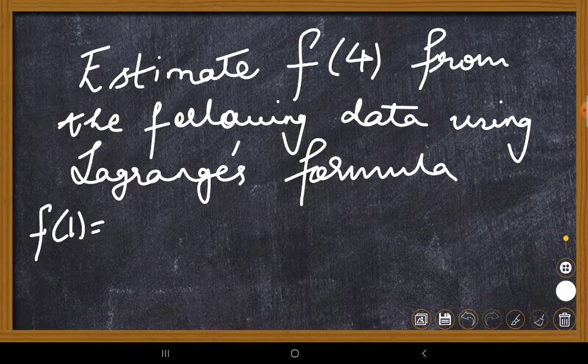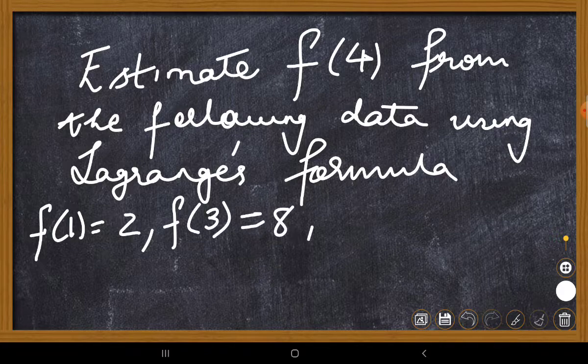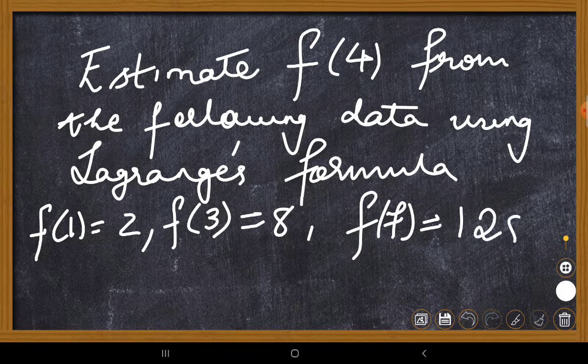F1 is equal to, not 8, sorry, F1 is equal to 2, F3 is equal to 8, and then F7 is equal to 128. Okay, so we have to find F4 from here.